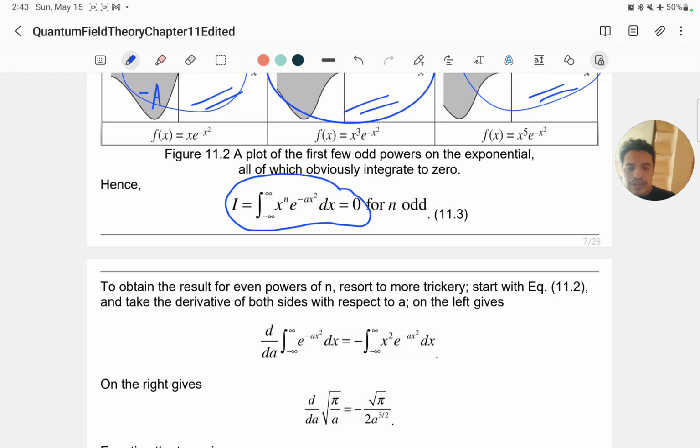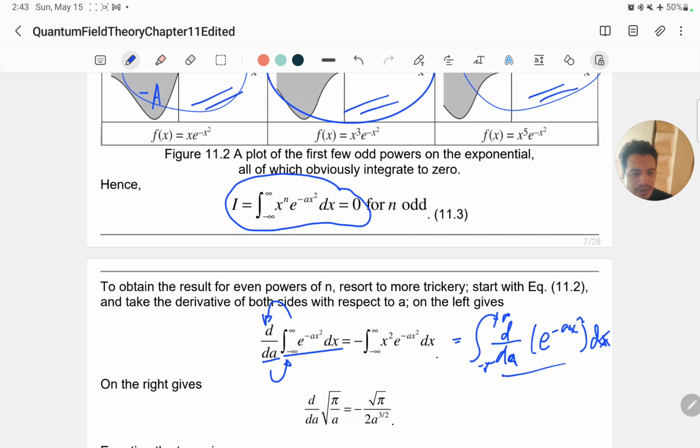Now, looking at this, if you have this function and you make a derivative with respect to a, by the way, you can interchange this and this one. So you can actually write this as integral from negative infinity to positive infinity, derivative with respect to a, because the integral and derivatives are commutative. So you have e to the negative ax squared dx.